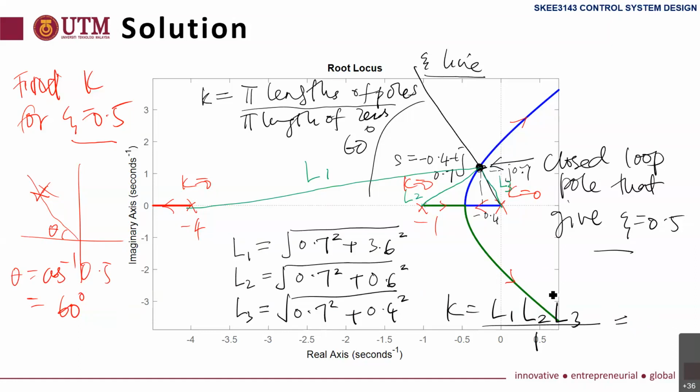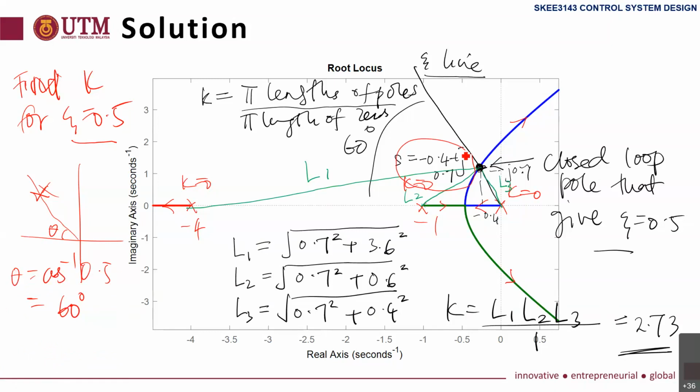$2.73, doctor. 2.73. You will see that from the graph, most probably all students will get slightly different answers because you read this value based on your graph, and sometimes the scale is not that big.